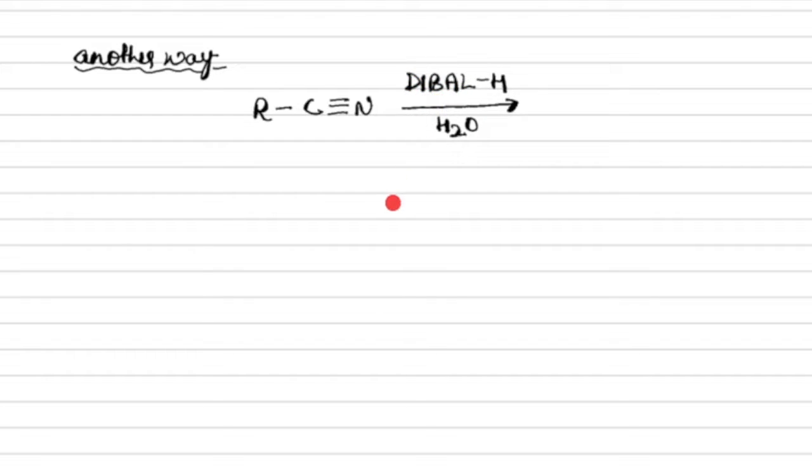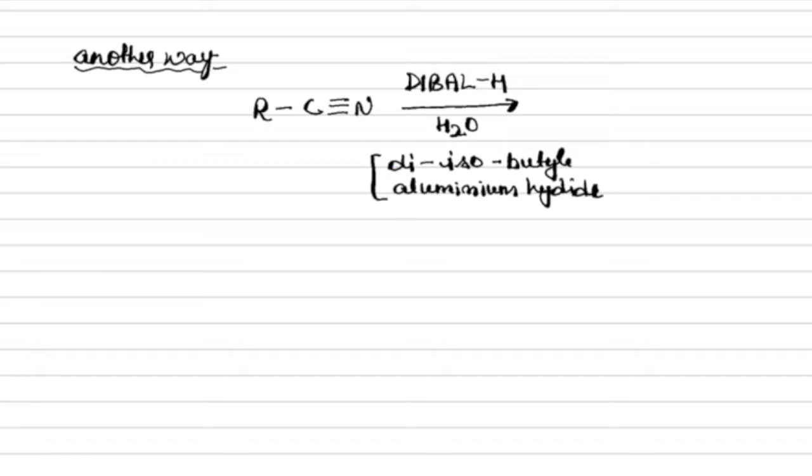So I will tell you it's a di, I for iso, di-iso, B for butyl, A for aluminium, H for hydride, diisobutylaluminium hydride, DIBAL. So this is a reducing agent.